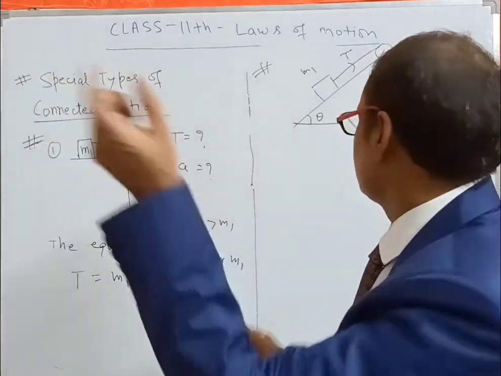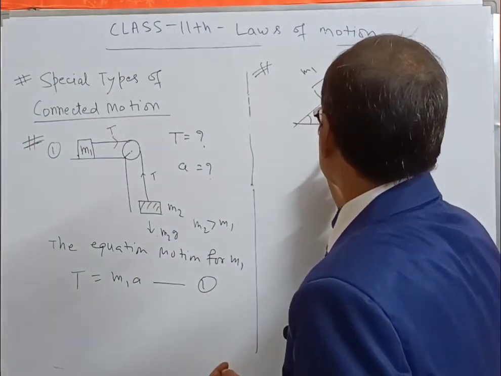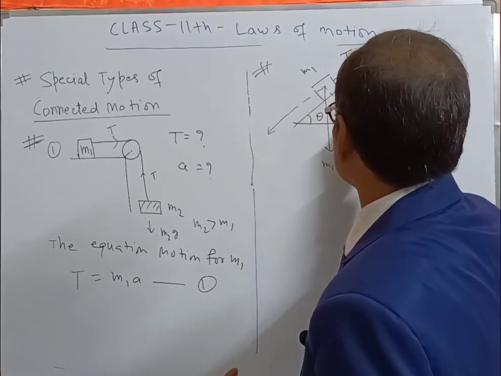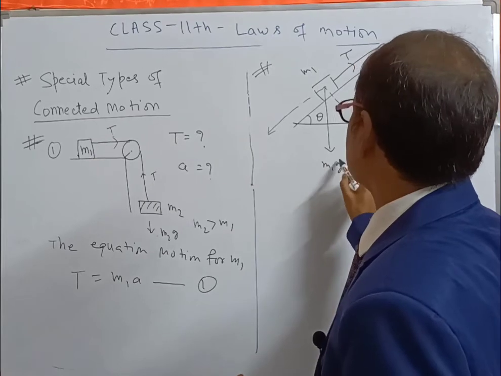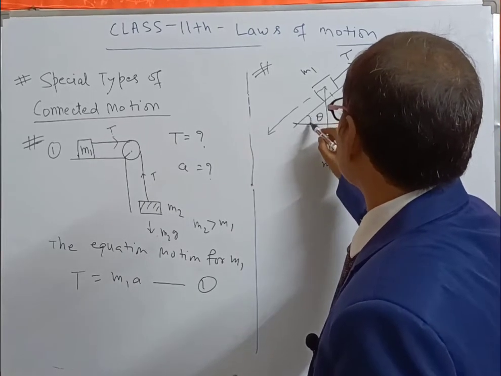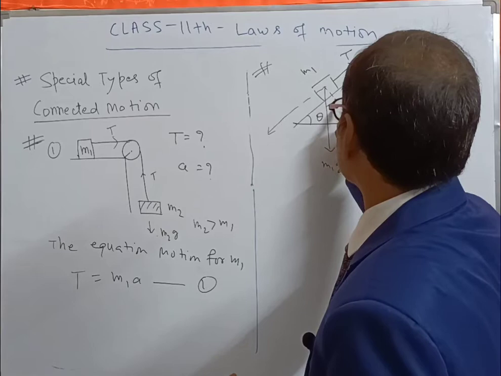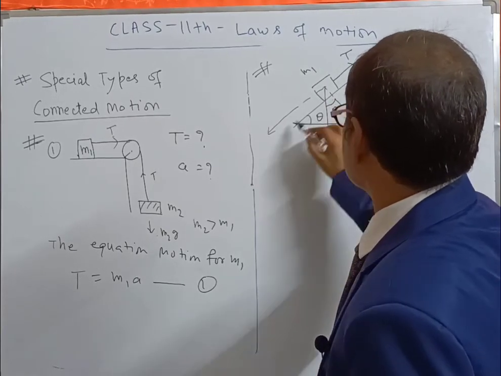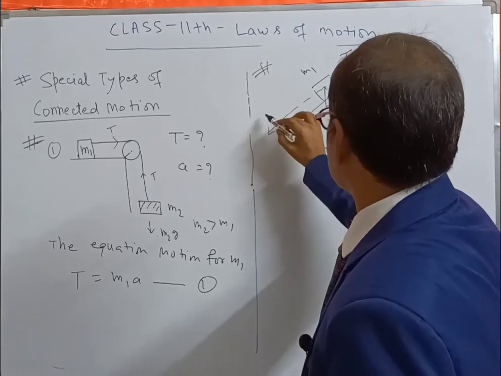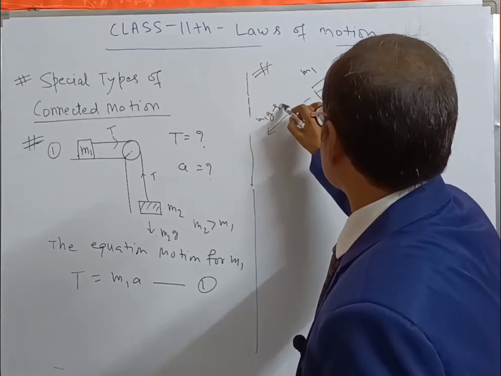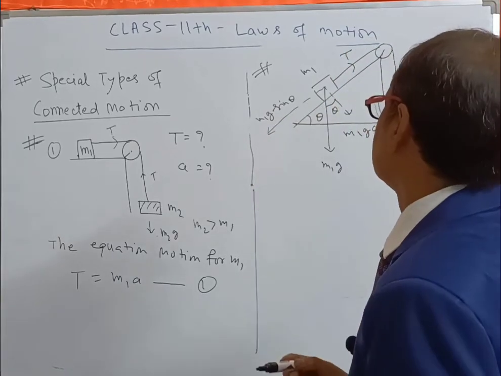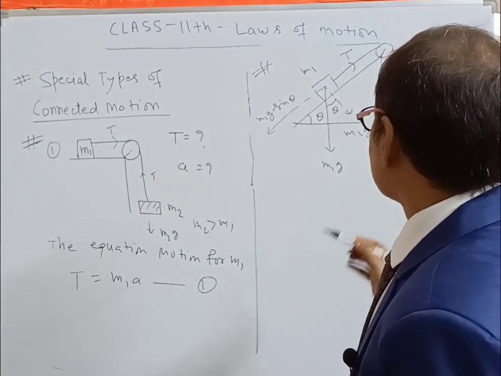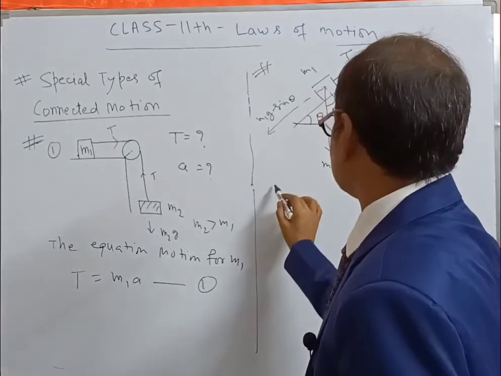Resolving the weight M1G into two directions: M1G cos theta is one resolved part, and M1G sin theta is the other. Now we can write the equation of motion for M1.